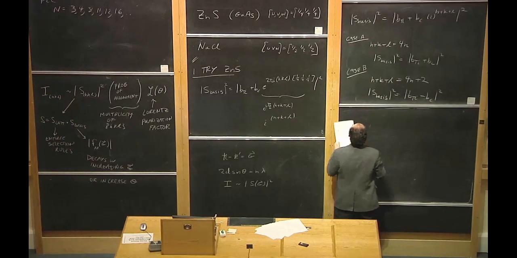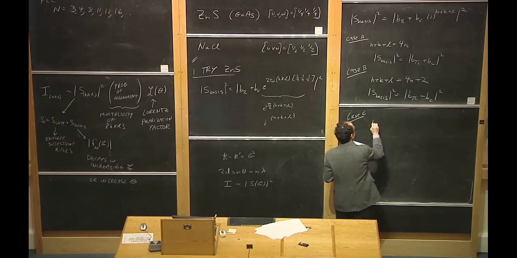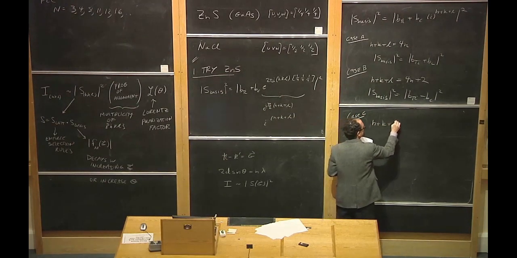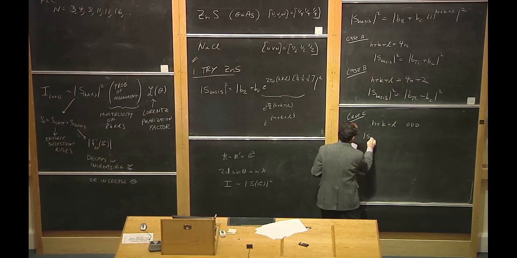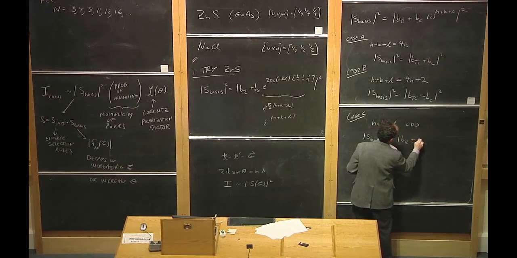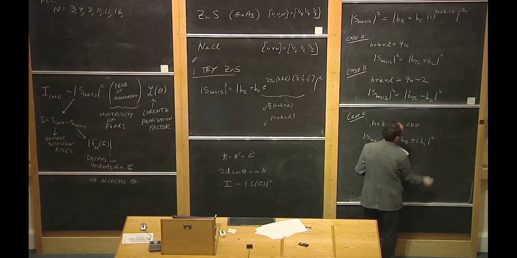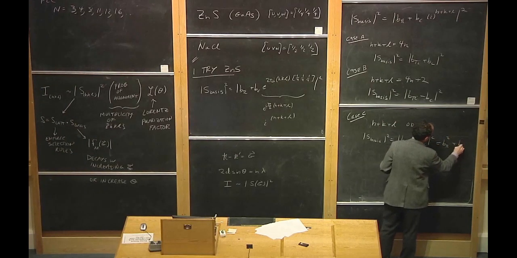And the third case, case C, is H plus K plus L is odd, in which case S basis squared is B titanium plus or minus i times B carbon, squared, which is B titanium squared plus B carbon squared.